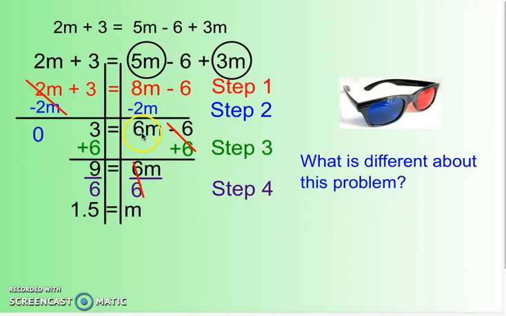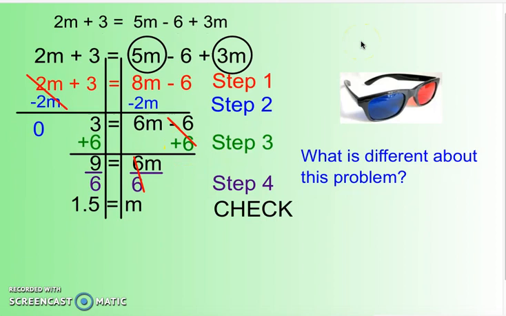So 8 minus 2 is 6. Now we're down to a 2-step. Remember, get rid of the lonely term with addition or subtraction. And then our last step is multiply or divide to get that variable by itself. And so our answer is 1.5.